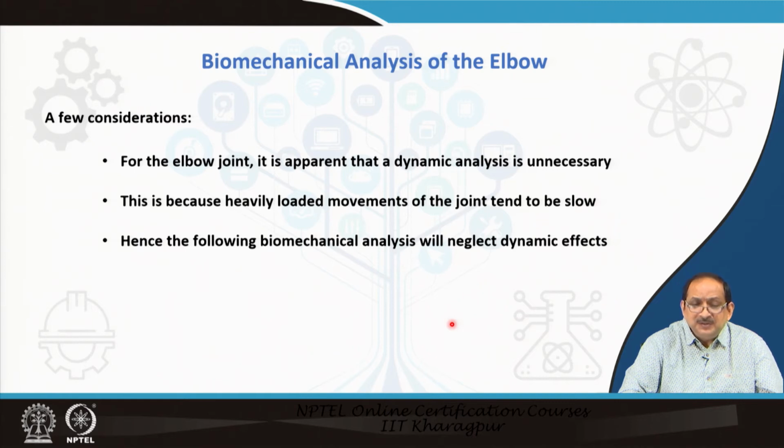This is because heavily loaded movements of the joint tend to be slow. Hence, the following biomechanical analysis will neglect the dynamic effects, and we will be considering a problem on biomechanical analysis of the elbow, which is based on a static analysis.